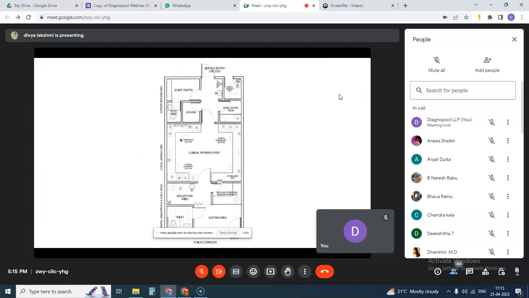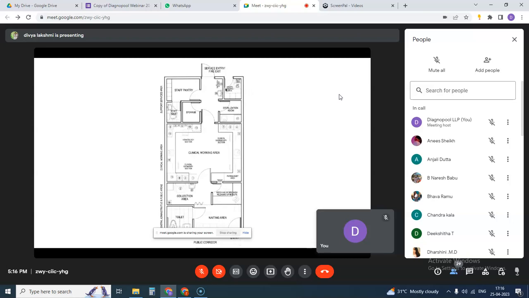So we'll just see what the floor plans in a lab are. A lab should have a separate waiting area, a separate toilet for the patients, collection area, sample receiving area, clinical working areas separate for clinical biochemistry and hematology sections, and a separate area for storage and sterilization room, a separate toilet for staff, pantry area, and waste discarding area.